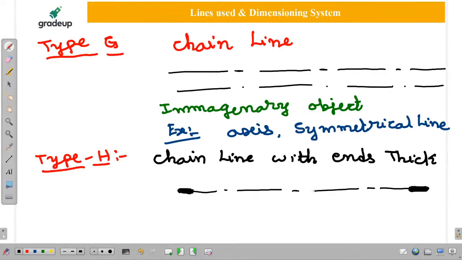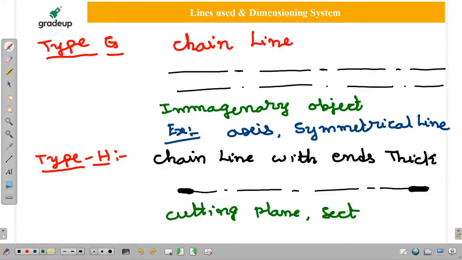In a few textbooks, instead of these, they show like this also, meaning an arrow. But it is not that important. Just remember ends thick. Where are you going to use this? To represent the cutting plane, which is also called section plane.